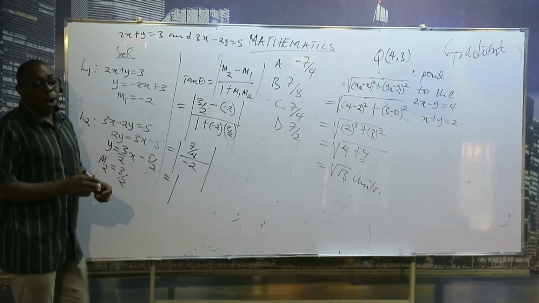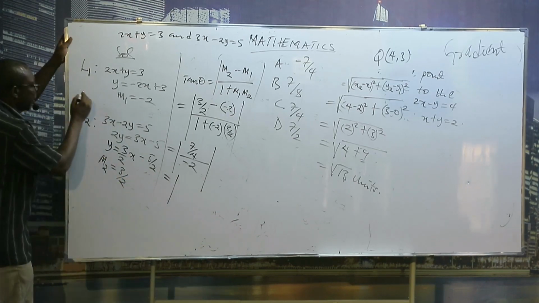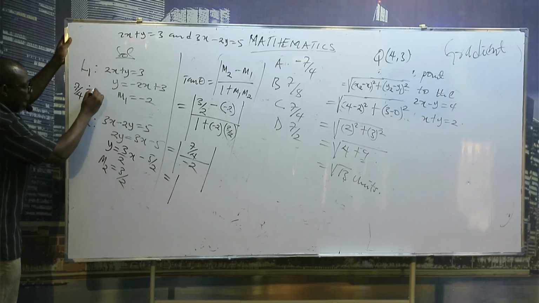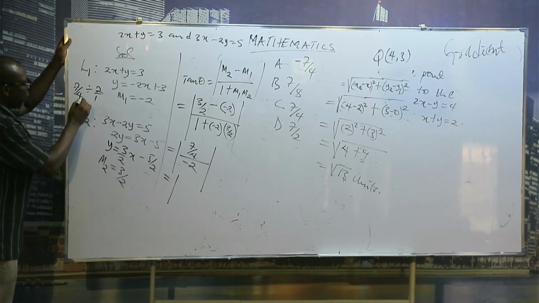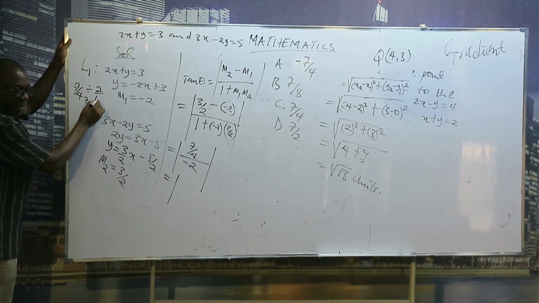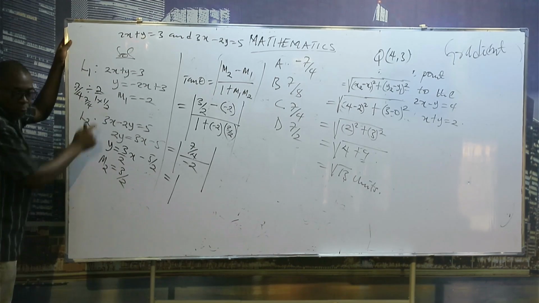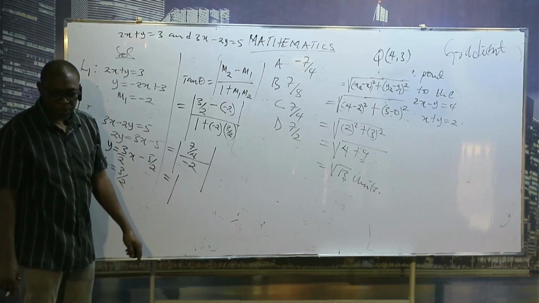Your problem is O level is a disease worse than HIV virus. Look at it. 7 over who? Divided by 2. This 2 is over who? Which is 7/4, times 1/2. 7 times 1, 4 times 2. As a jam bite, know that this 4 will come down.